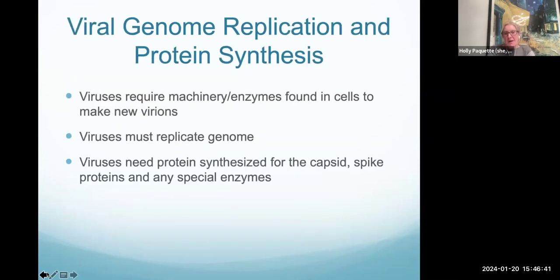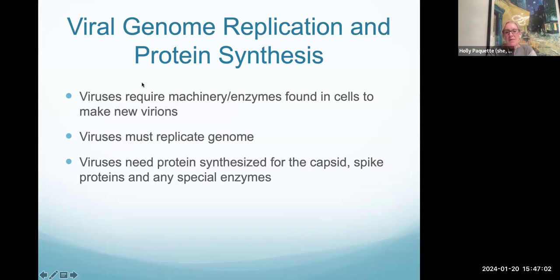So as we think about this, I do want you to go back and think about what the virus then would utilize in that host cell. And viral genome replication and protein synthesis require the machinery and enzymes that are found in cells. They don't have their own ribosomes or enzymes to do this.